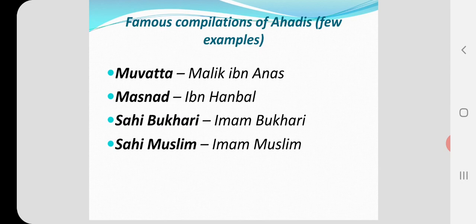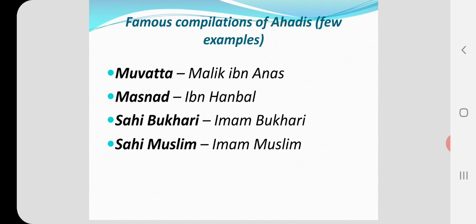There is another compilation called Musnad. This was compiled by Ibn Hanbal. There is a very famous compilation which is respected all over the world. It's called Sahih Bukhari. This is the name of the book.